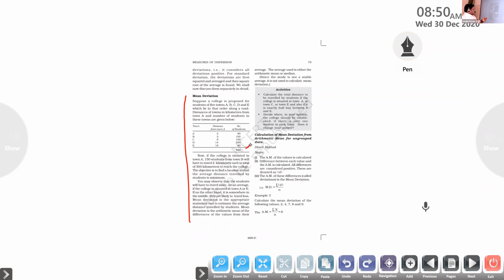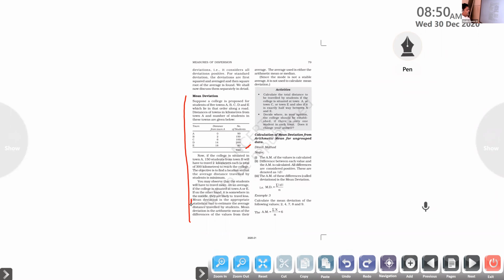So mean deviation is the appropriate statistical tool. We are using mean deviation to find out these differences between the towns and to select a particular place to construct the college.